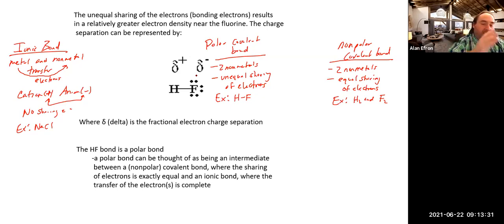Then all the way to the other side, we have the ionic bond, where the situation in terms of electronegativity and other factors is so unequal that we see a complete transfer of one electron, two electrons, however many, from one atom to the next, creating the ionic bond. Any questions on the differences between those three types of bonding?